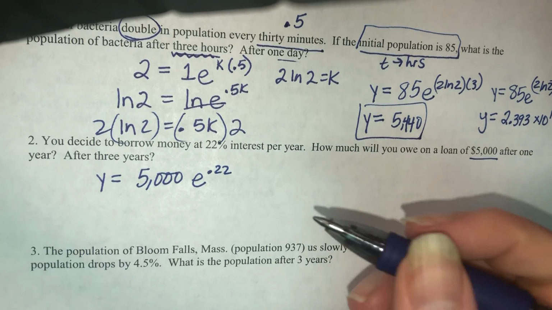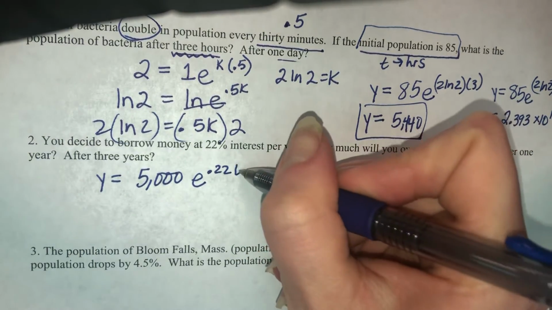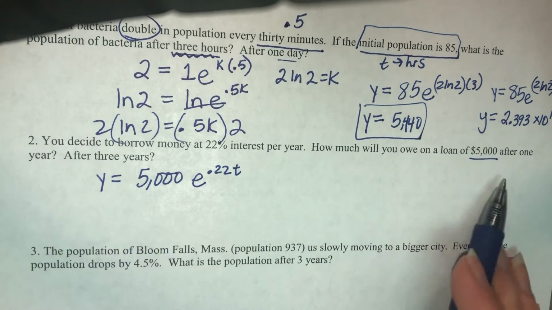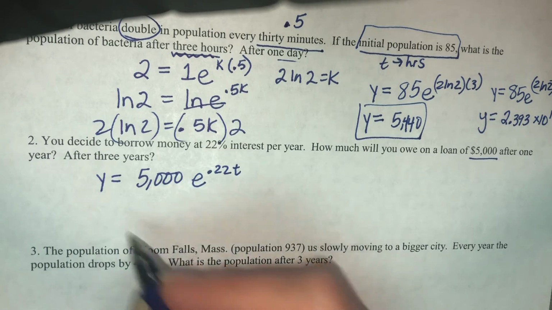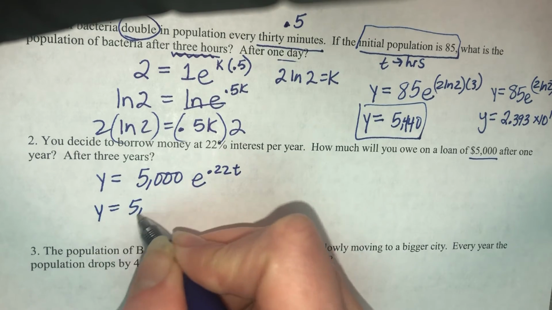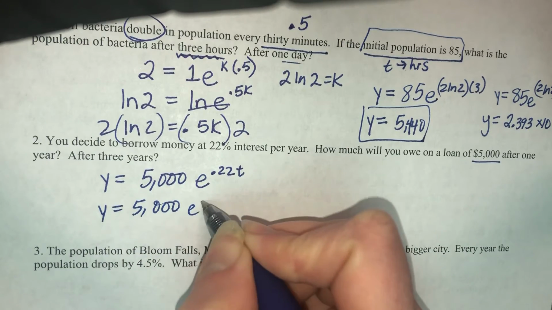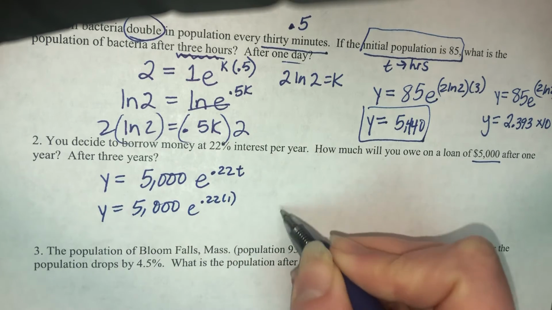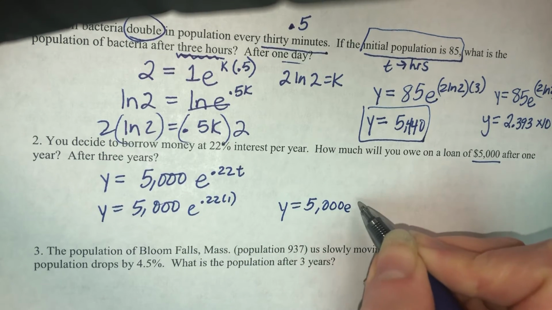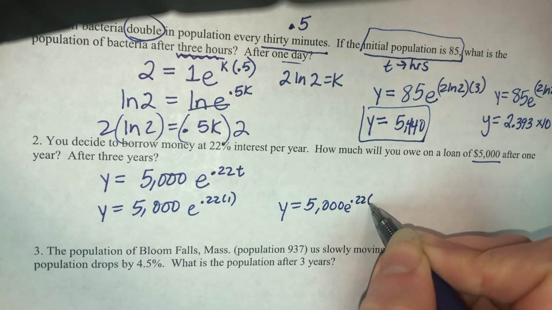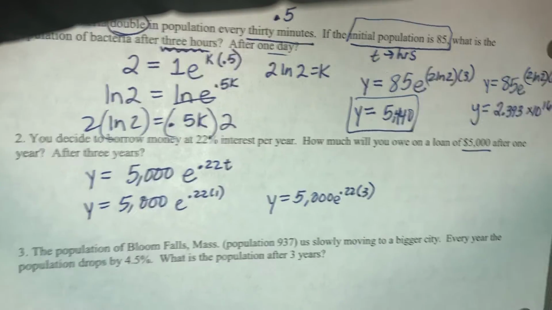And then we have our time. And the question has 2 times, 1 year and 3 years. So we'll plug in 1 for time. And we'll do another one where we will plug in 3 for the time.